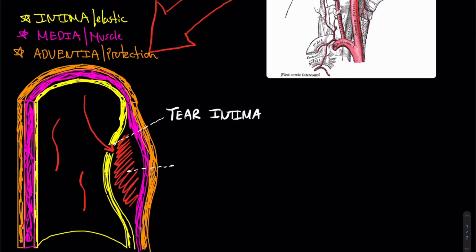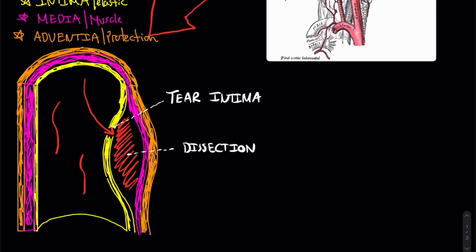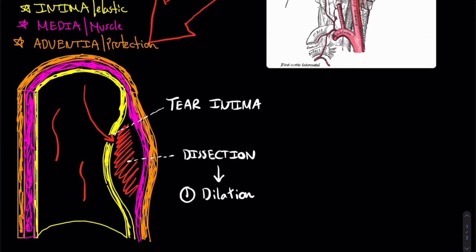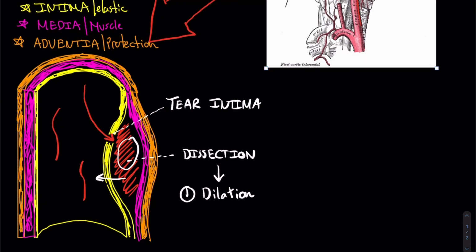Here we have the actual dissection, and dissection basically means separated. So the layers are separated. Four different things can happen because of this dissection. The first thing that can happen, if more and more blood goes in, is dilation of the arterial walls, and this can create a false aneurysm.